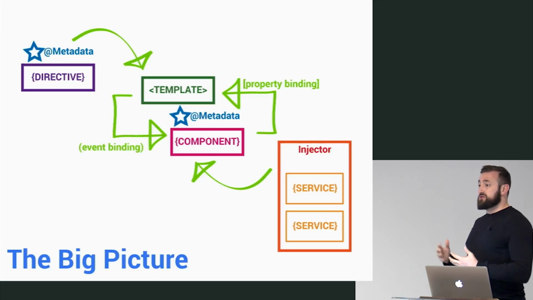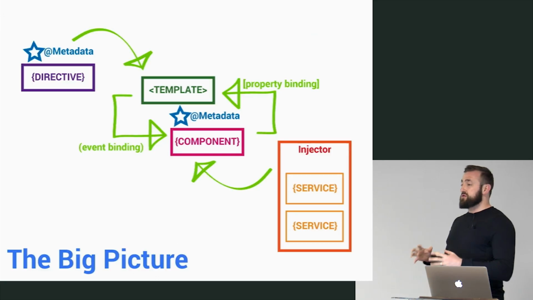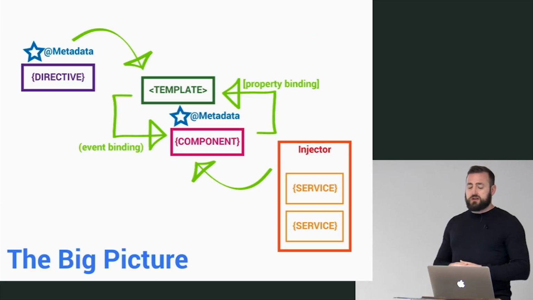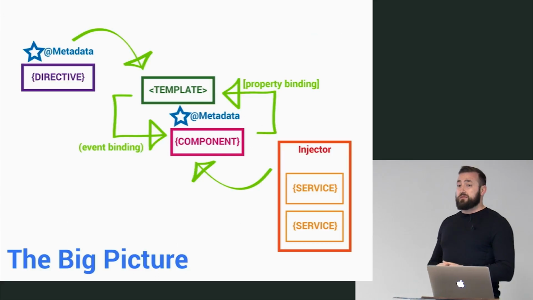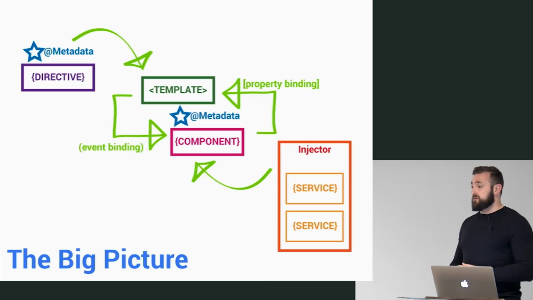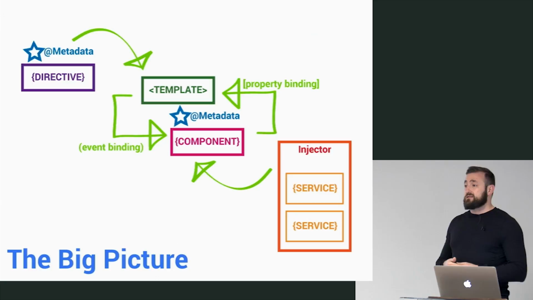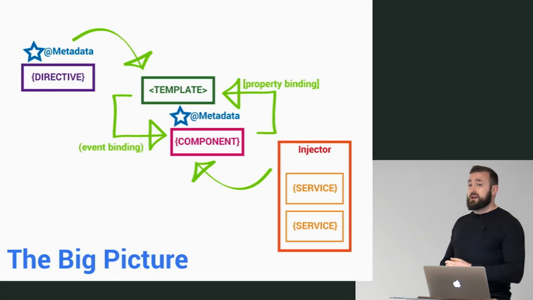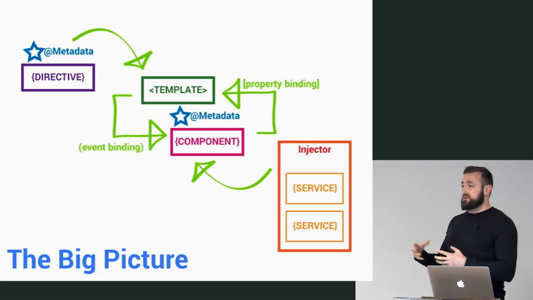So you have services, they're just JavaScript classes that perform your business logic. And if you need to modify or augment behavior within the DOM, but you don't necessarily need a template, then you use a directive. And so if I was in an elevator and somebody was like, hey, tell me about Angular 2, this is mentally the image that I would try to convey: you have a component and a template, they work together to perform a kind of autonomous, self-contained unit of work in any kind of business logic.